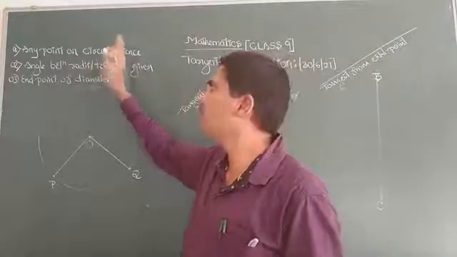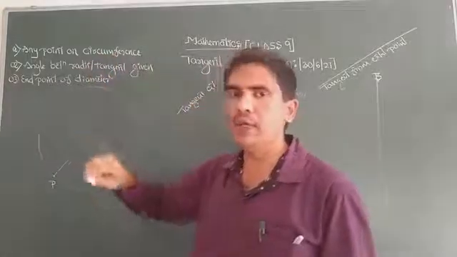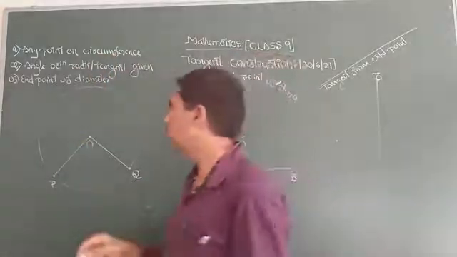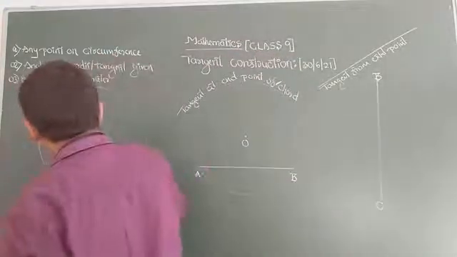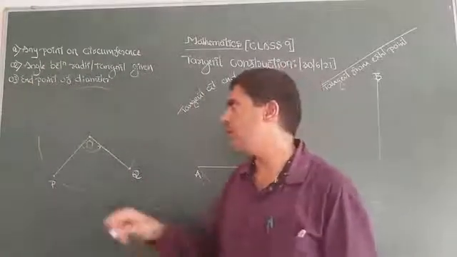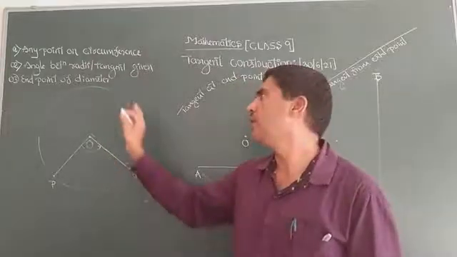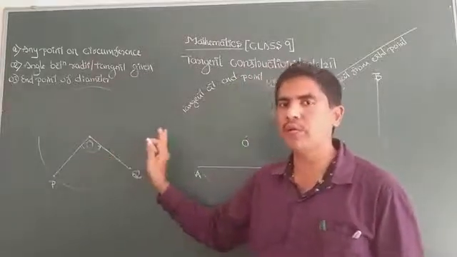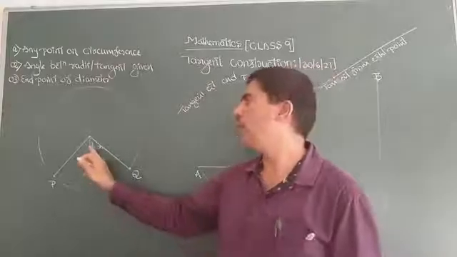Angle between radii given, first construct two radii with the given angle. Let us say angle between radii is given some 80 degree. Circle of convenient radius I have drawn. Two radii you construct.